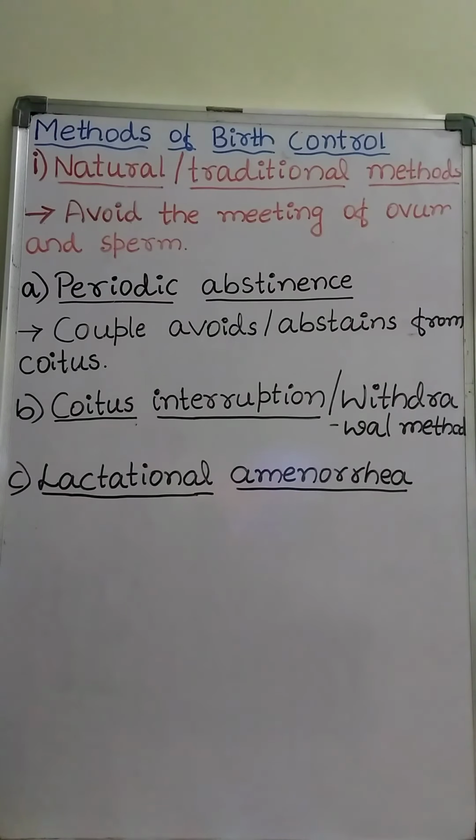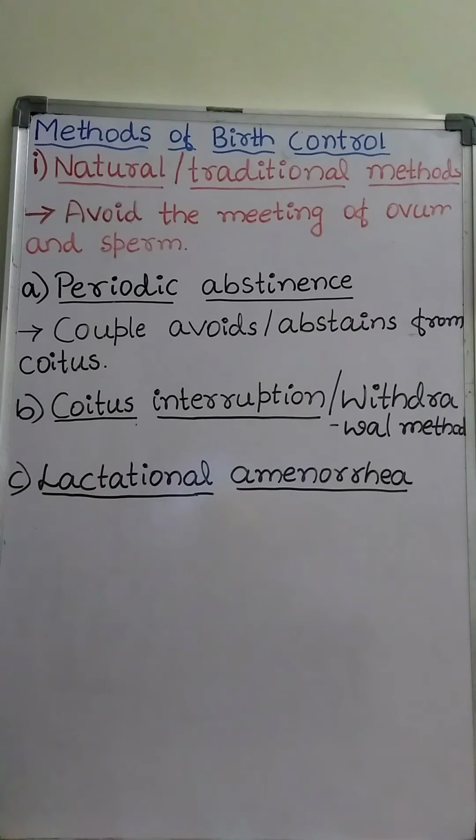In females, usually ovulation, or release of the egg, takes place on the 14th day of the menstrual cycle. Entry of sperm into the female reproductive system on the 12th, 13th, 14th or 16th day, that is, 2 days before ovulation or 1 or 2 days after ovulation, can lead to fertilization.